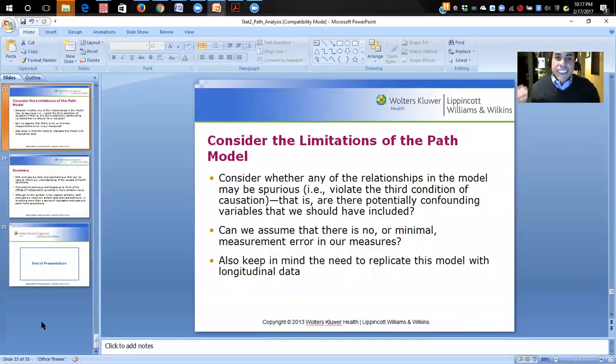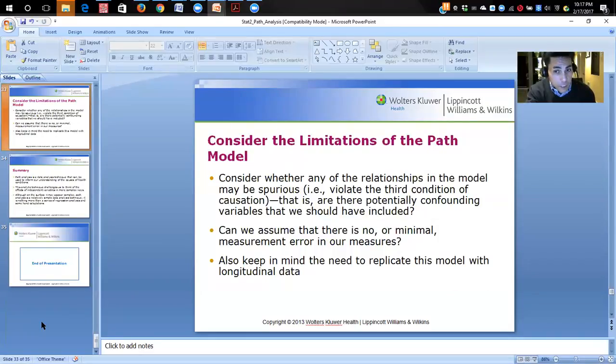So these are the limitations of path modeling. Consider whether any of the relationships in the model may be spurious or erratic. It violates the third condition of causation, which means that we have not accounted for other possible confounding variables that we should have included. So that's a limitation of path modeling.